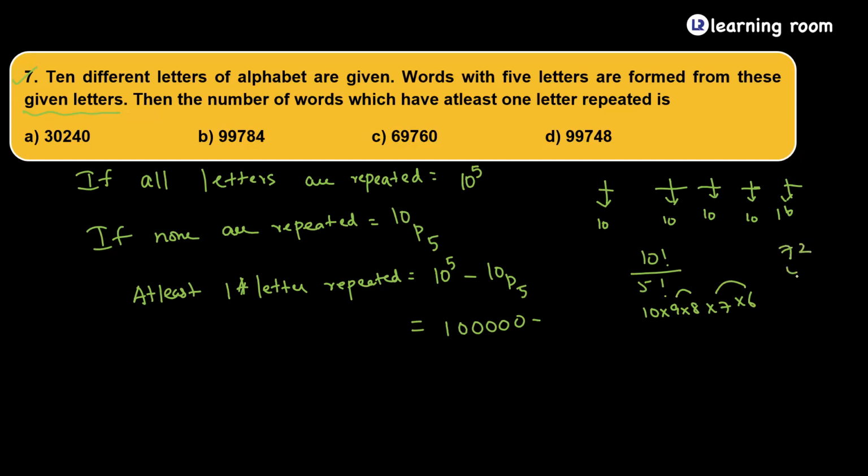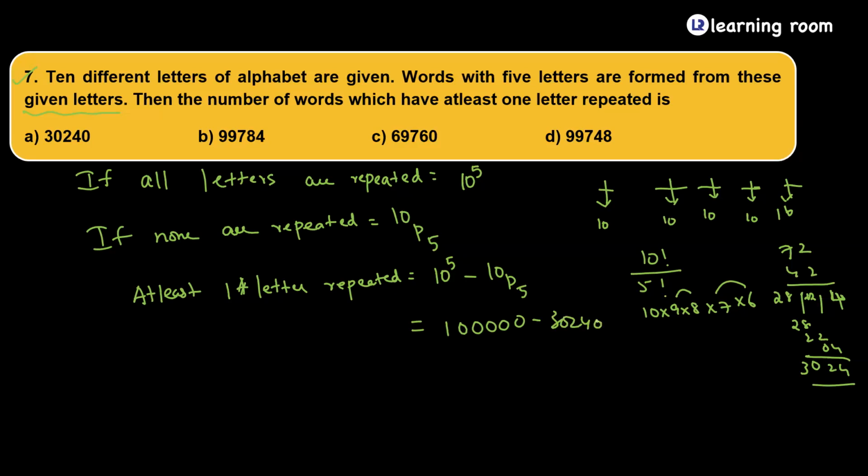How much is 72 into 42? It will be 3024, and there is a 0 here, 30240.